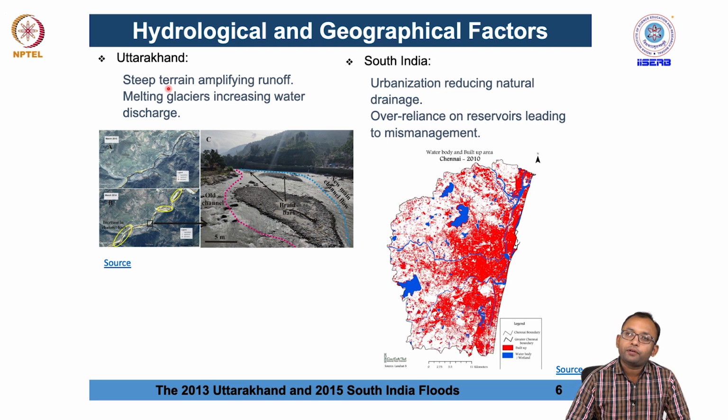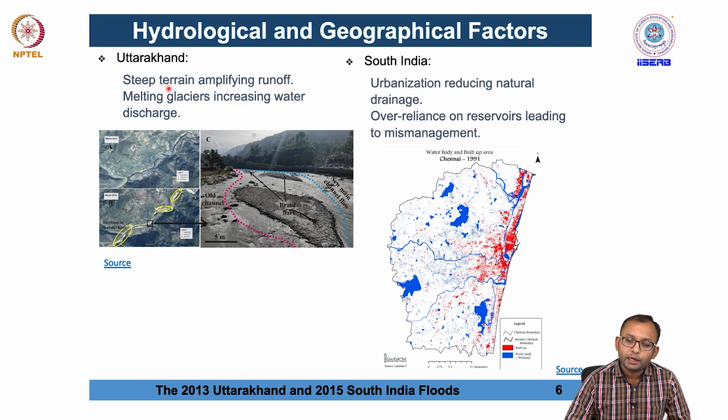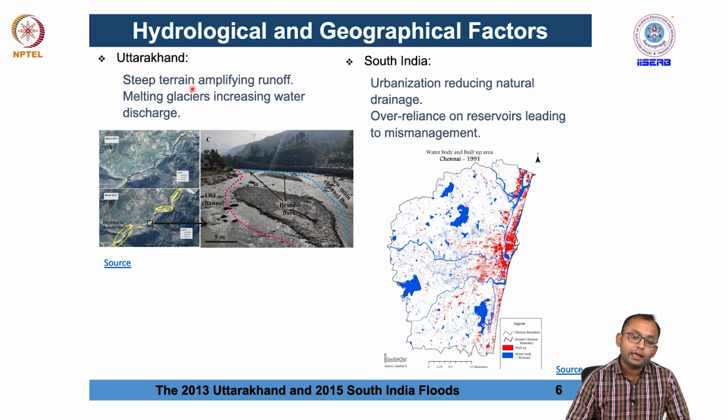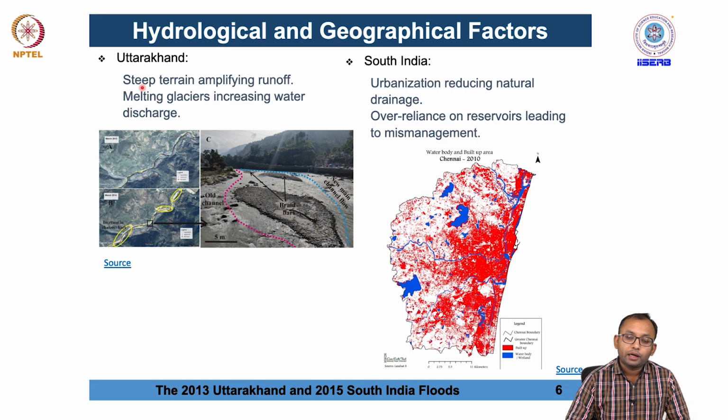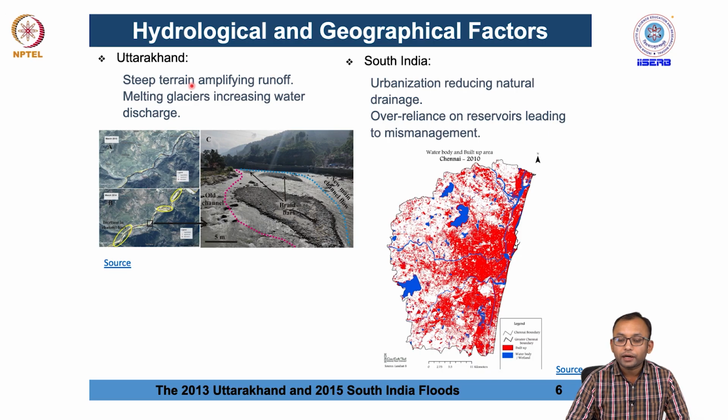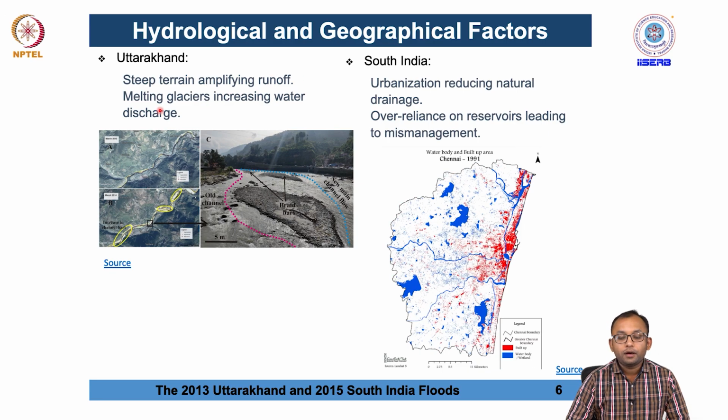So when you remove the forest cover, you amplify the runoff velocity and magnitude, and therefore increase the chances of flooding in those regions.